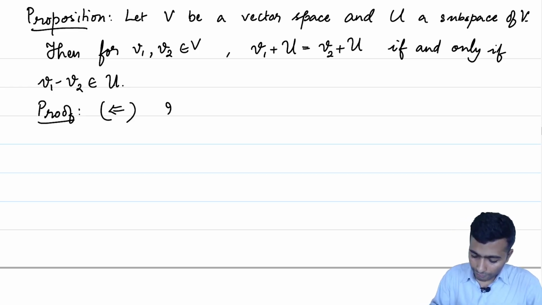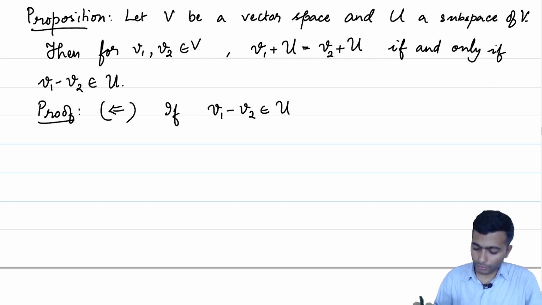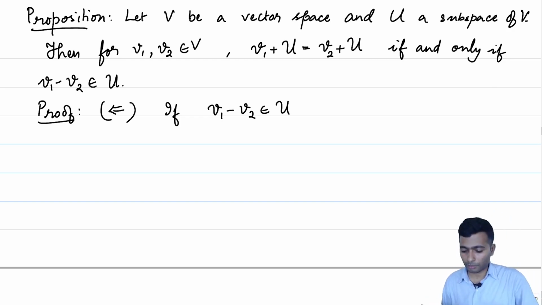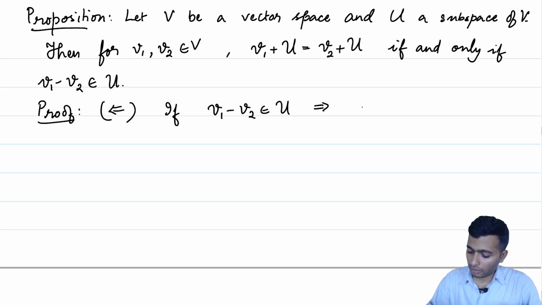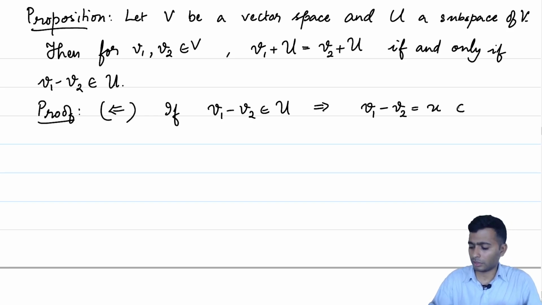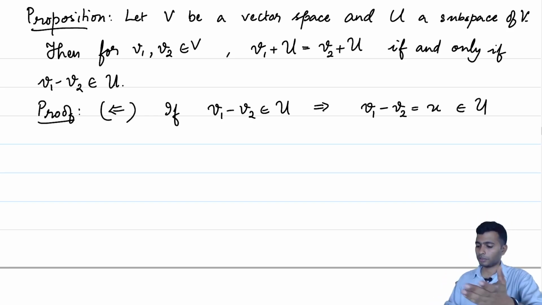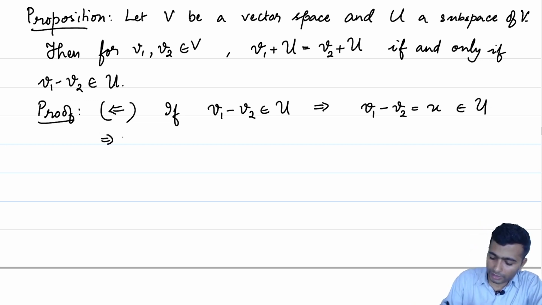Anyway, let us assume that V1 minus V2 is in capital U. What does this imply? This implies that V1 minus V2 is equal to some small u which is in capital U, right? After all, it is in U means that it is some vector u in capital U. This implies that V1 is equal to V2 plus u.